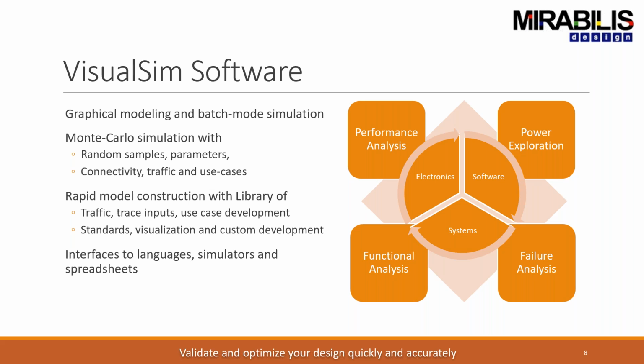The second aspect is the extremely fast, rapid prototyping. The reason for the speed of modeling is the large number of libraries that are already pre-built and available in the environment, which allows you to assemble a system very quickly.